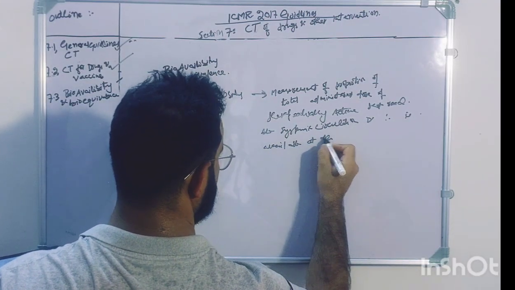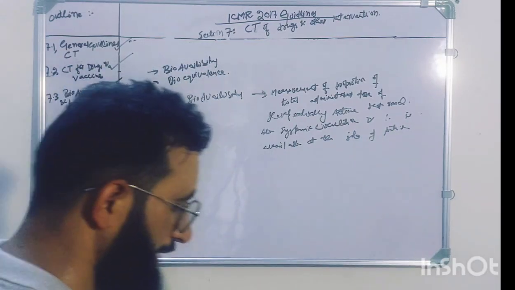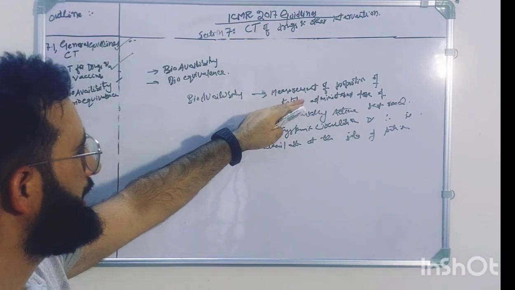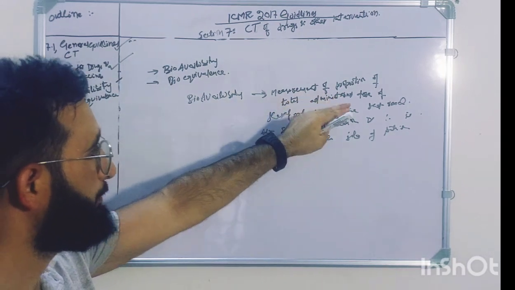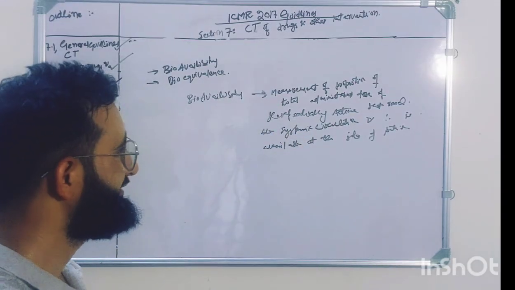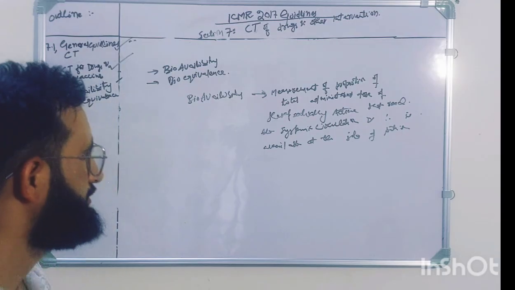So this is the definition they have provided. So this is the measurement of the proportion of total administered dose of therapeutically active drug that reaches the systemic circulation and is available at the site of action.